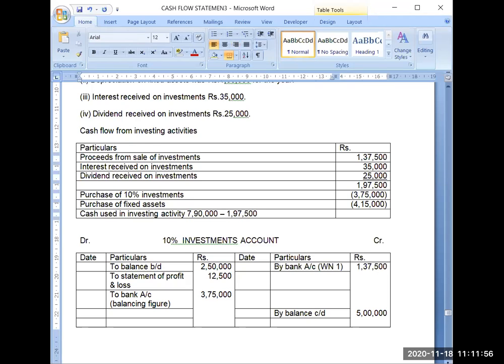So it will be 5,92,500. And this answer will also be written in brackets because it is a negative answer. That's why.